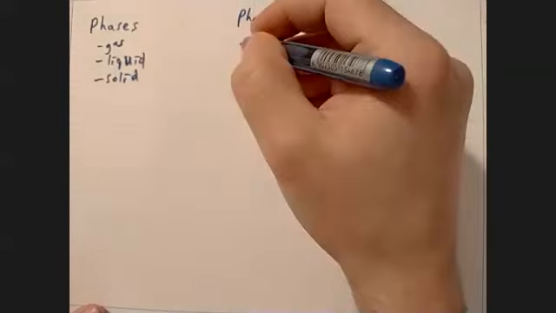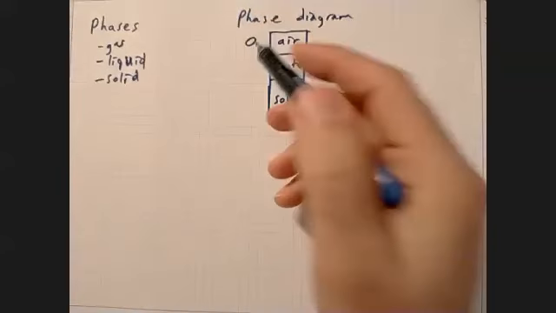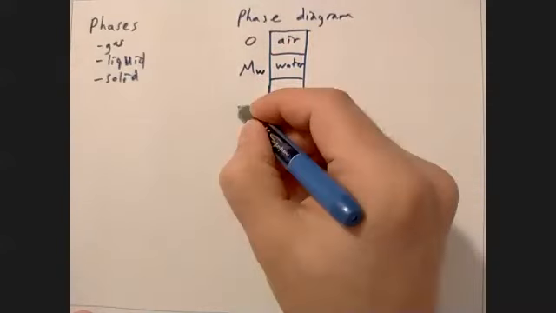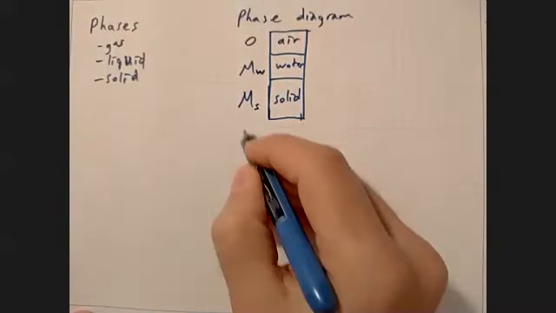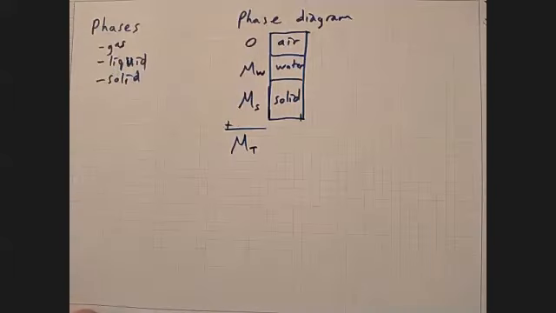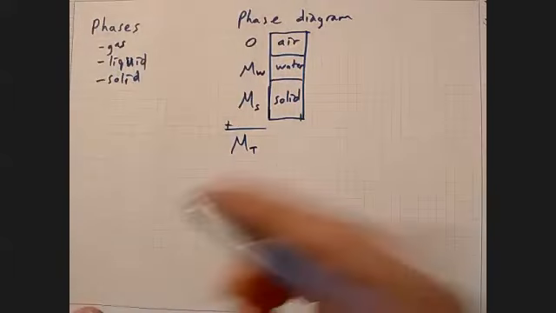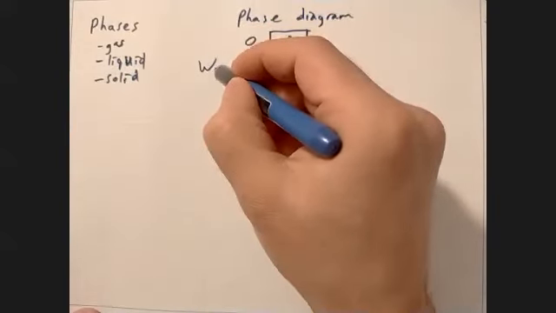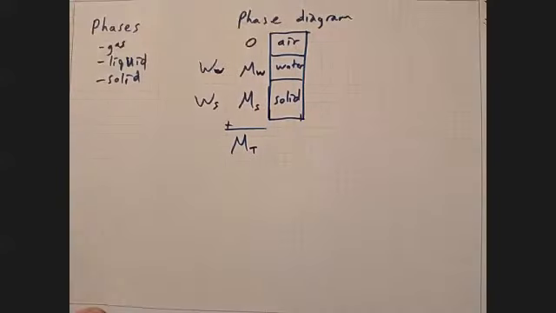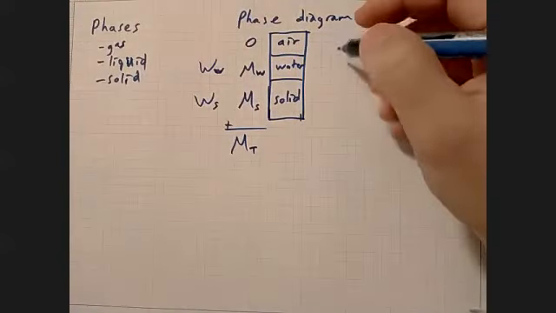So mass of air is going to be, for engineering purposes, 0. You can have mass of water. You can have mass of solid. And the total is going to be your mass total. And you can also do this with weights, obviously, weight of water, weight of solids, etc. But weights are rarely used in these phase relations.